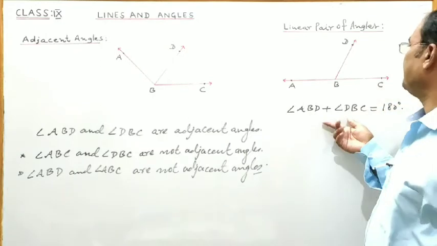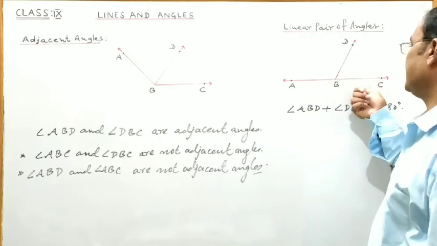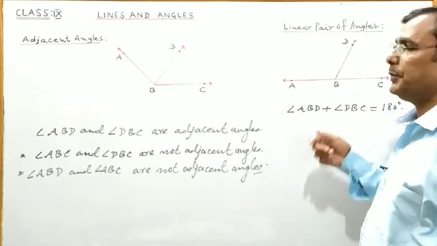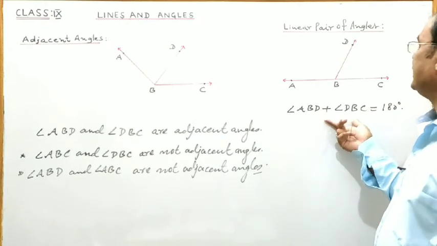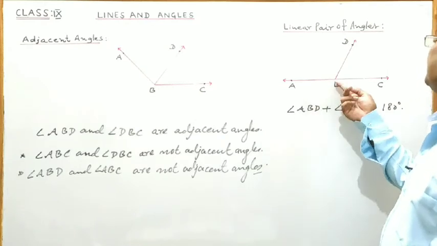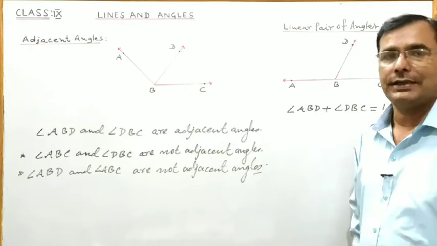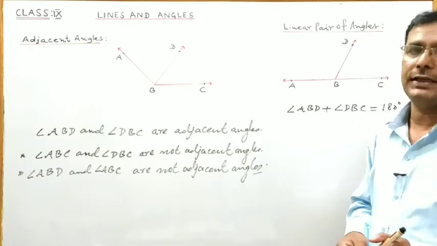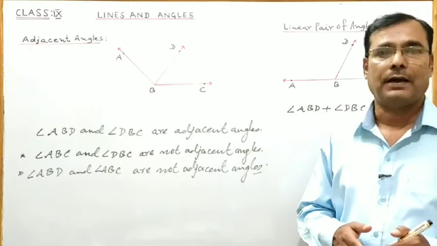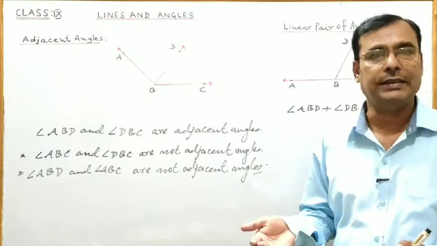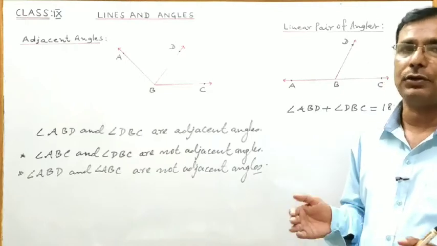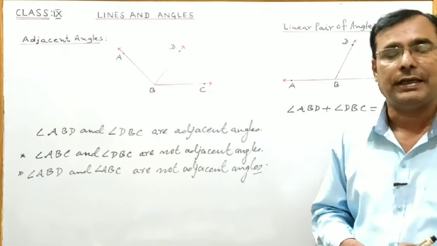Here angle ABD and angle DBC form a linear pair of angles and their sum is 180 degrees because ABC is a straight line. So we can say that in every linear pair of angles their sum is 180 degrees and therefore they are always supplementary angles.